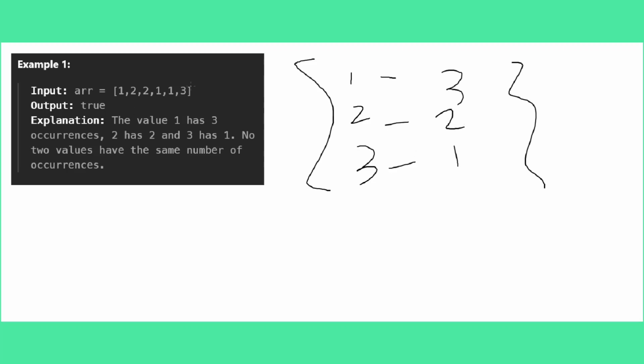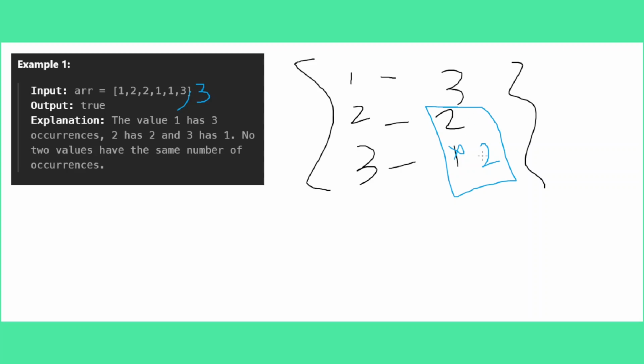Let's say if I had another three here, then that would mean I will have two threes, right? Let me actually use a different color. There you go. So let's say after this, I had a three. So this will mean I'll have two threes. And this is not valid according to the question.